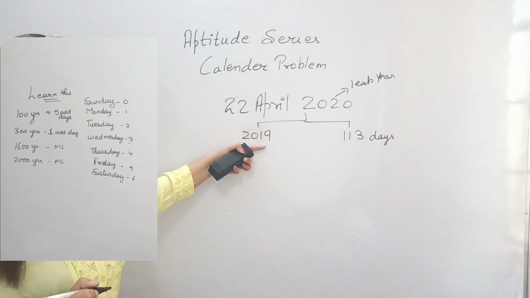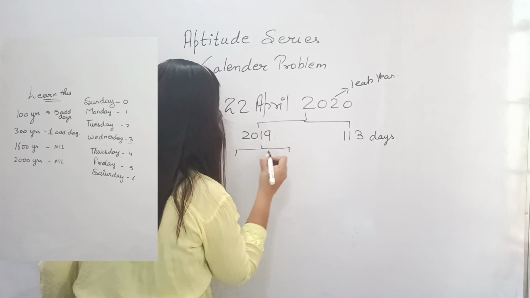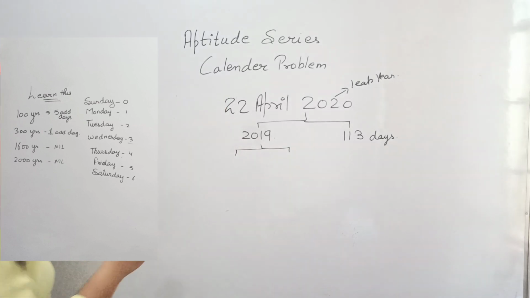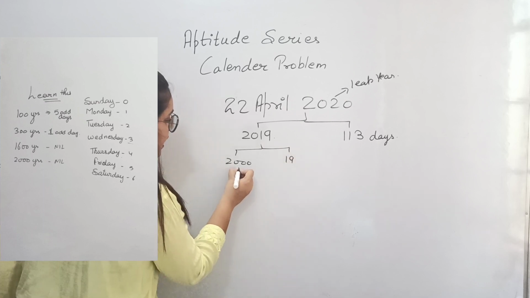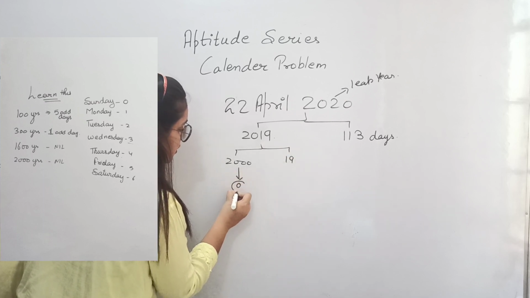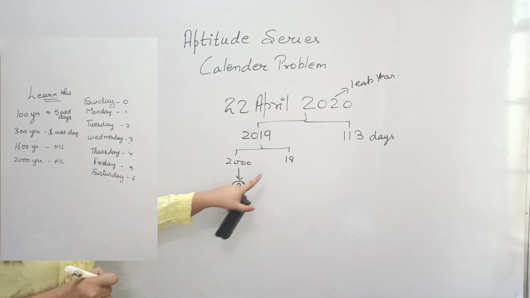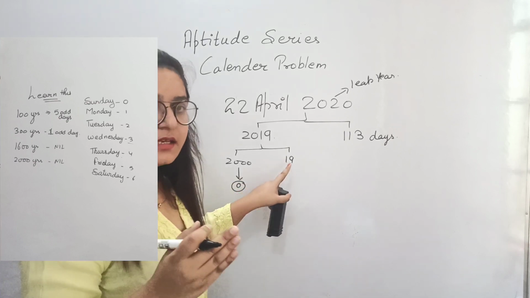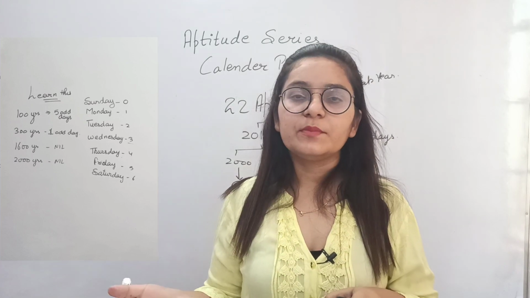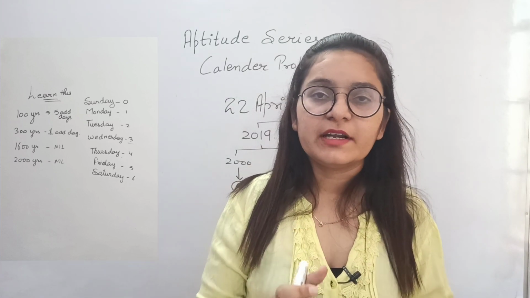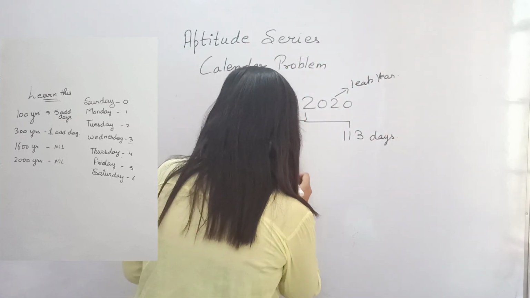Again I will divide this 2019 years. So when I divide, I will take 2000 years and 19 years, and the number of odd days in 2000 years is nil, that is 0. Now from 19 years we have to calculate how many leap years and how many non-leap years there will be. For leap years I will divide it by 4.